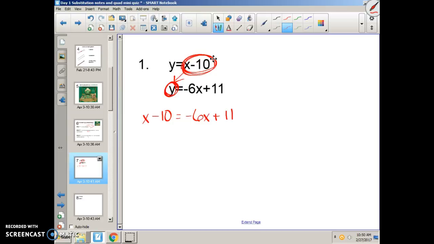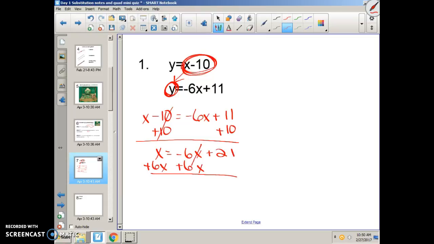From here, now I have x in my entire equation, so I can actually start to solve it. My first step is going to be to add 10 to both sides, since I'm trying to get x by itself. Well, now x is by itself on the left-hand side. However, I still have this 6x that I have to deal with, so I'm going to move that over here.